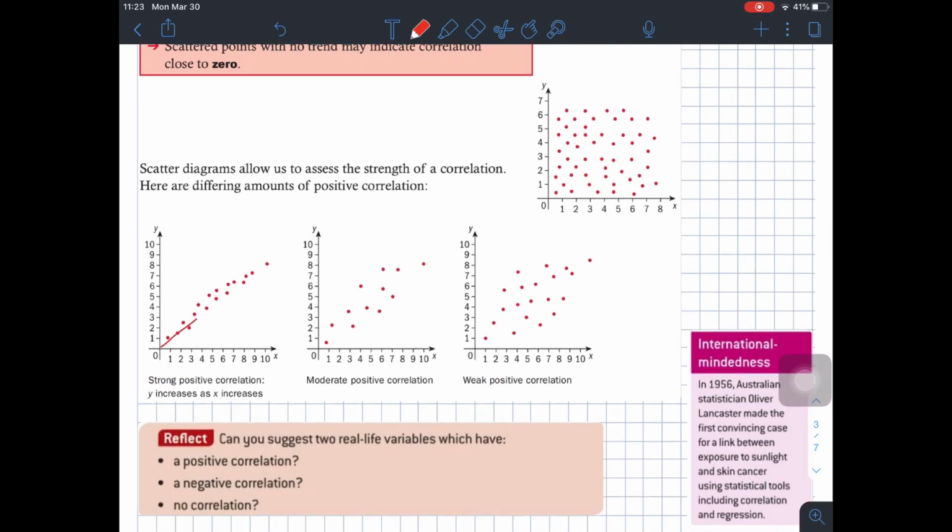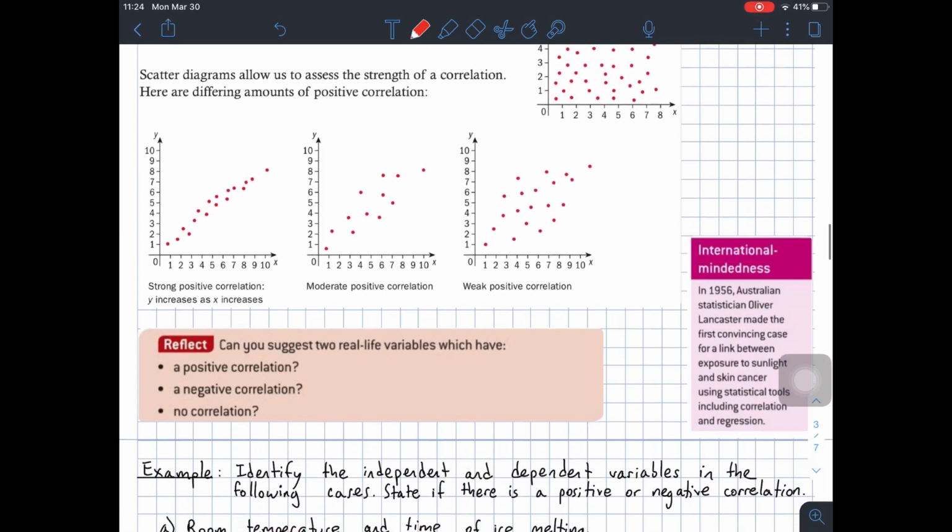This is a strong positive correlation, because points are very aligned together, okay? They seem to be very well grouped or joined. Then for moderate positive correlation, we see a little bit more spread between the points. And a weak positive correlation, you see that this still has an upward trend, but points are very spread from each other. So we talk about a weak positive correlation.